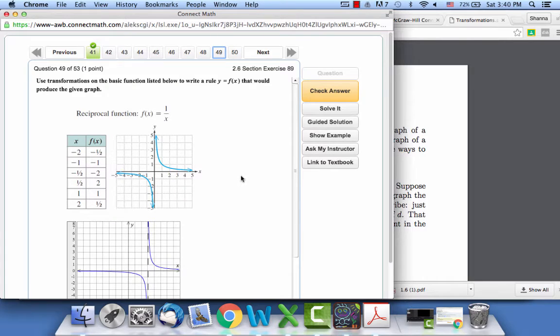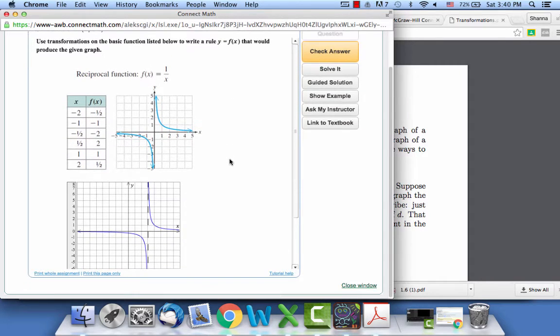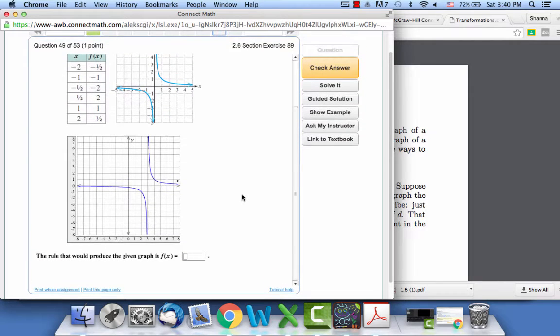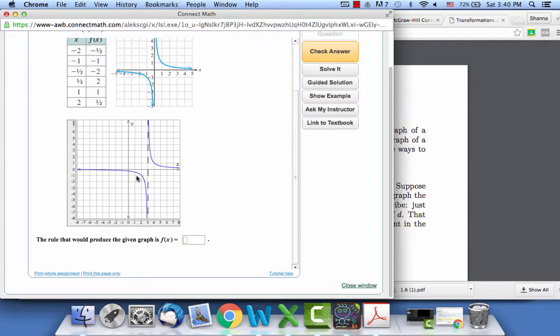And then the last one, we've got 1 over x as our basic function, and then we have this as the result. Oh, we want to try to make this one.